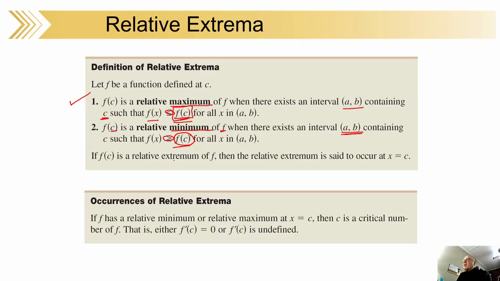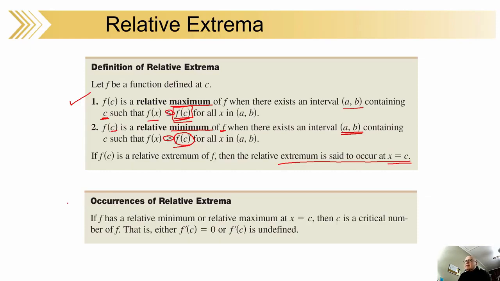If it's either a maximum or a minimum, it's said to occur at x equals c, where c put in the function gives you the biggest y value or the smallest y value anywhere on that interval.